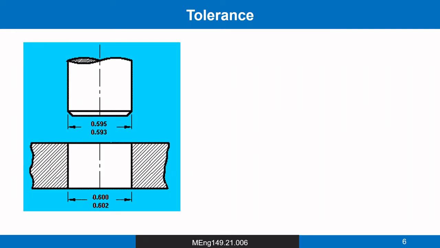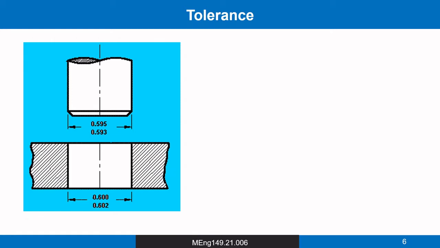Okay. So this is the typical notation of tolerances. For example, the one below is the hole. The hole has a nominal size of 0.6 and a tolerance of 0.002. Then the shaft that will insert into the hole has an outside diameter of 0.595, but it also has a tolerance of negative 0.002.